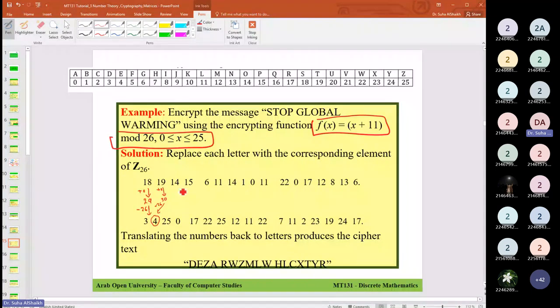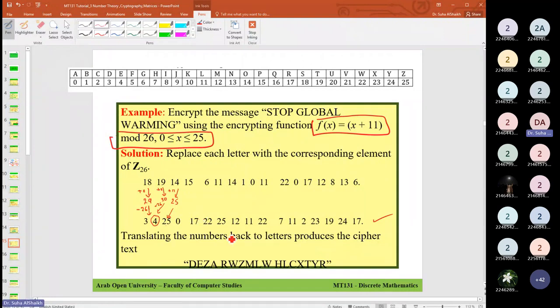This will be 25. 25 can just go as a 25. And so on. For each one here, add 11. If it is 26 or more, subtract 26 to get the answer. And this will be all the digits that we have.